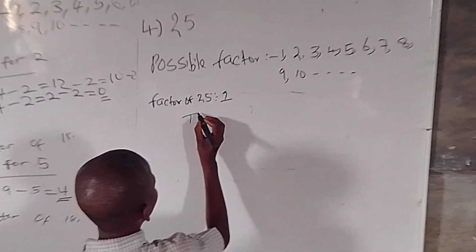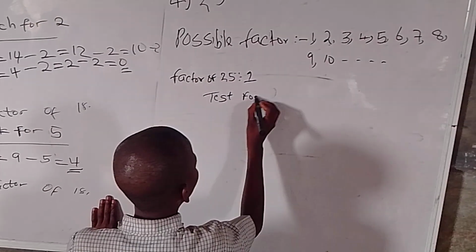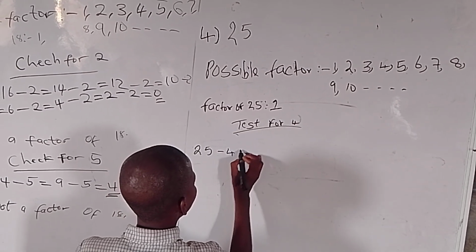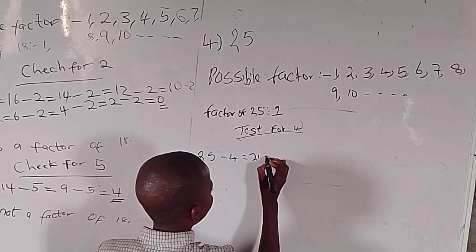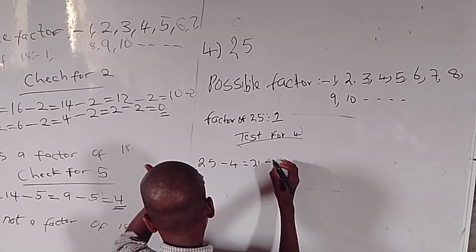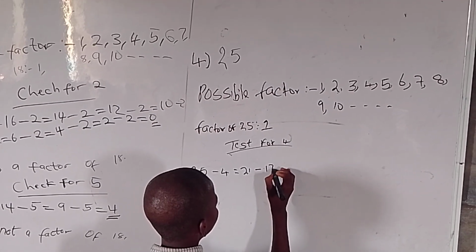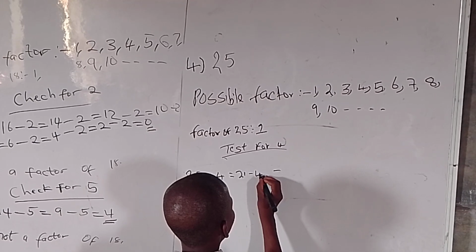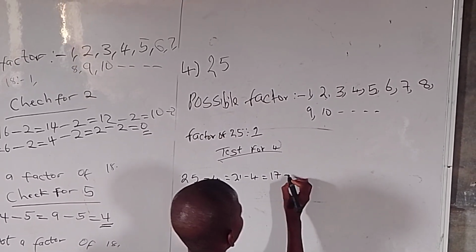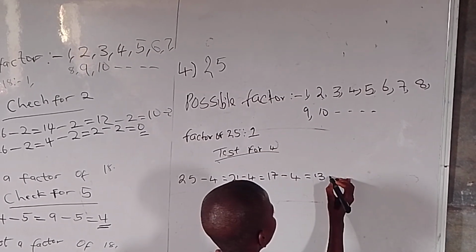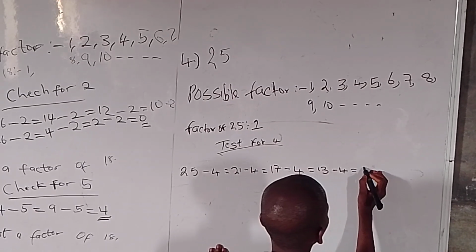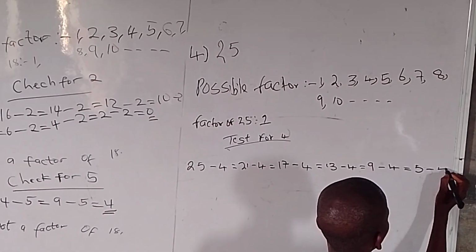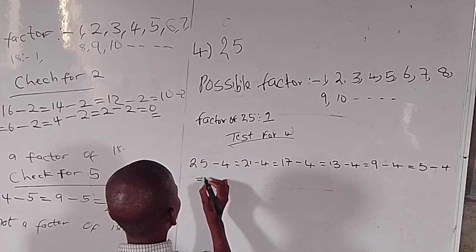Let us test for 4. 25 minus 4 equal to 21, minus 4 equal to 17, minus 4 equal to 13, minus 4 equal to 9, minus 4 is equal to 5, minus 4 is equal to 1.